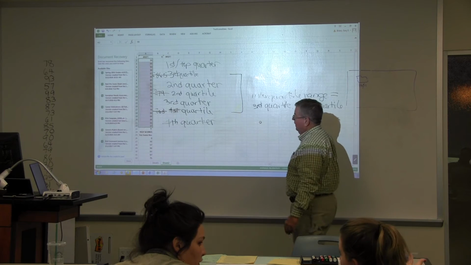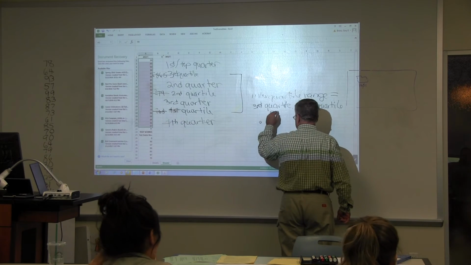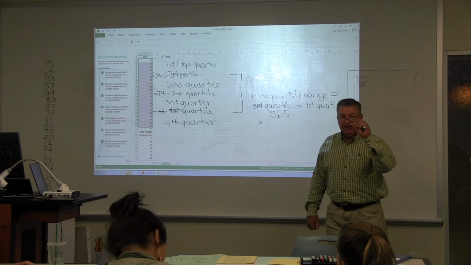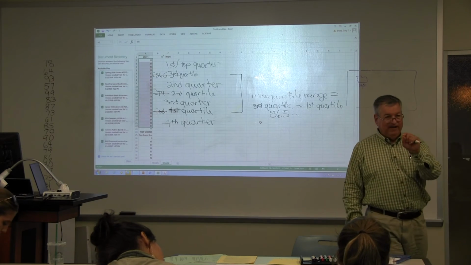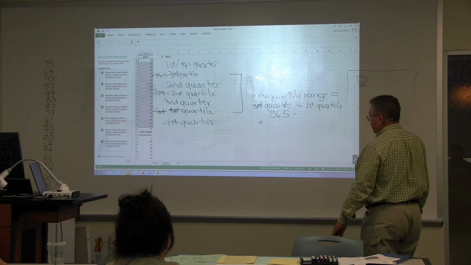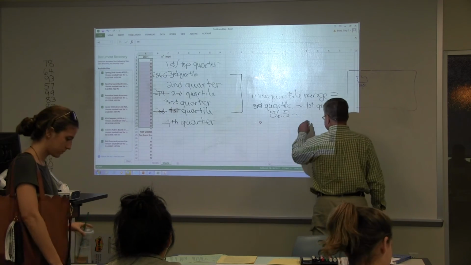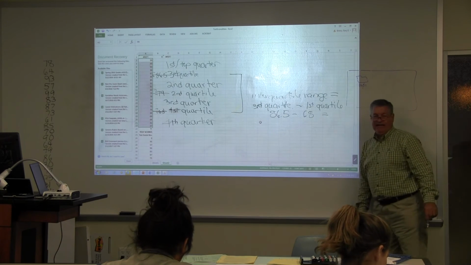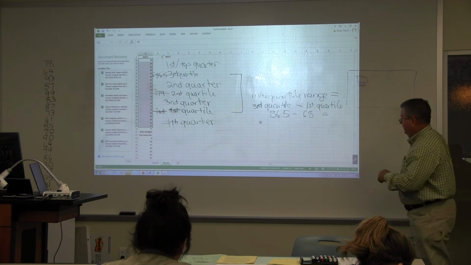Okay. What's the third quartile? In this case, it is precisely 86.5. And what is the first quartile? 68. So what is the interquartile range? 18.5.